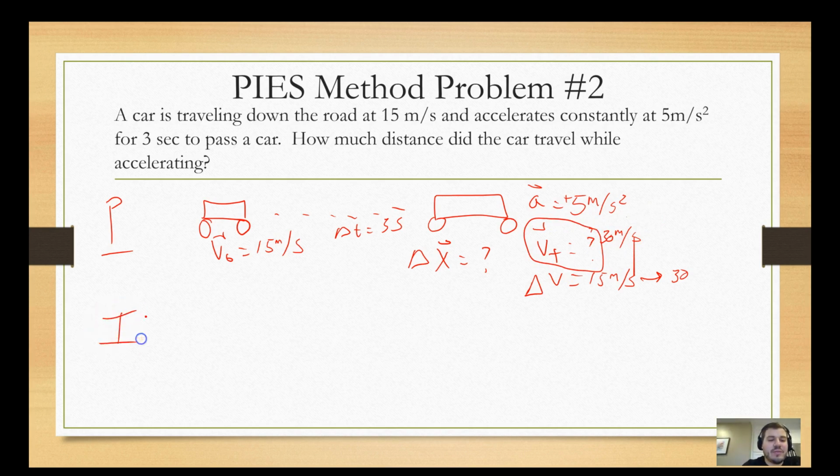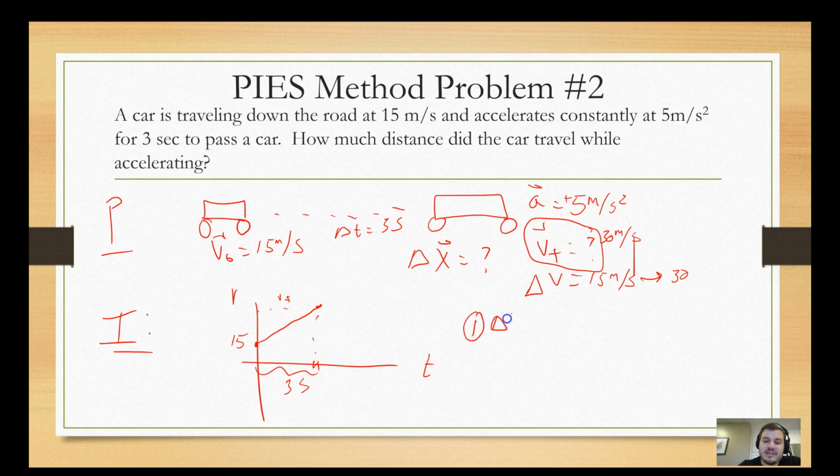To model the information, then, we need to make our VT graph, remembering that we are not starting at 0 this time, we're starting at 15. So the car will assume instantly starts accelerating in this problem, and we end at this V final up here. And to end at that V final up here, it takes a total of 3 seconds. And we're asked to find the displacement.